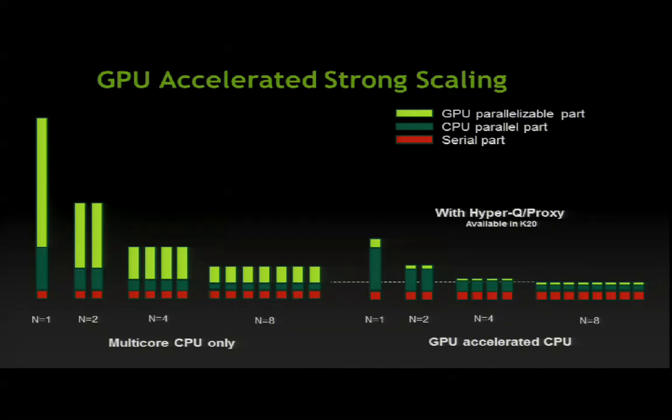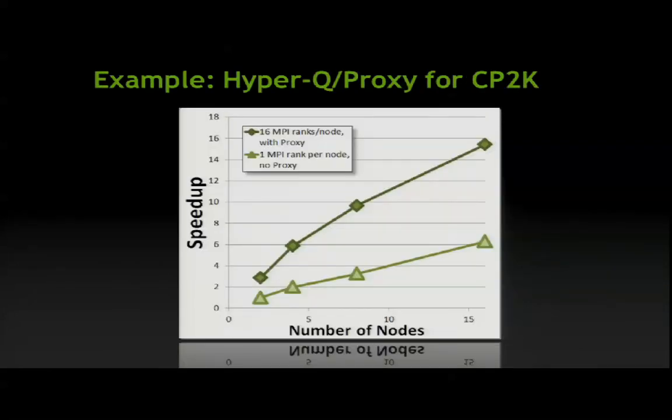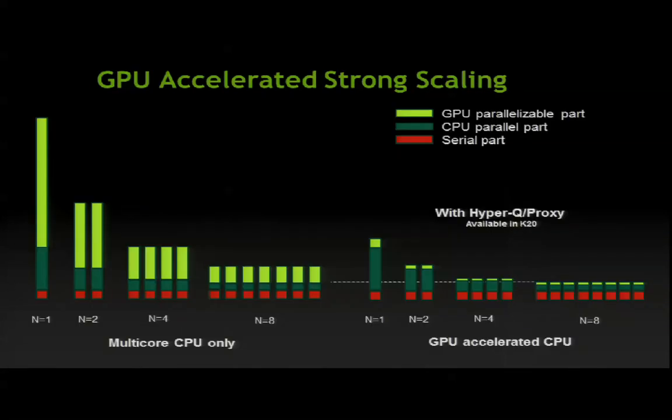Now, what type of applications are very suitable for seeing a benefit from Hyper-Q? And I think I might even have a picture here. Right, so this was for the code CP2K. That's a code that still does a fair amount of work on the CPU. And actually, if I come back here, if you think about it, what codes benefit the most? It's the ones that still have a fairly sizable dark green component.